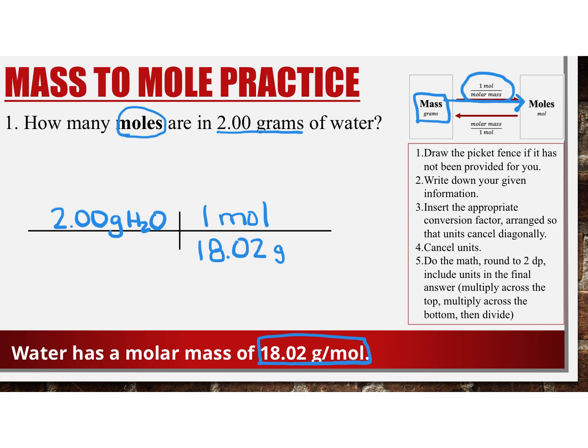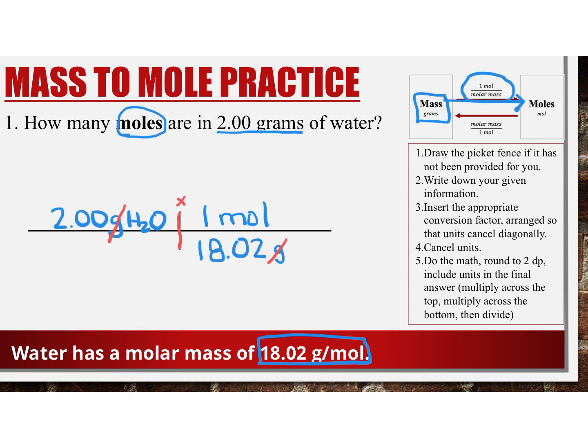The first thing we'll do is cancel out like units. So we have grams on top and grams on bottom, so we can get rid of those. And then we would multiply across the top, multiply across the bottom, and then divide. Because remember, this line right here is a multiplication line.